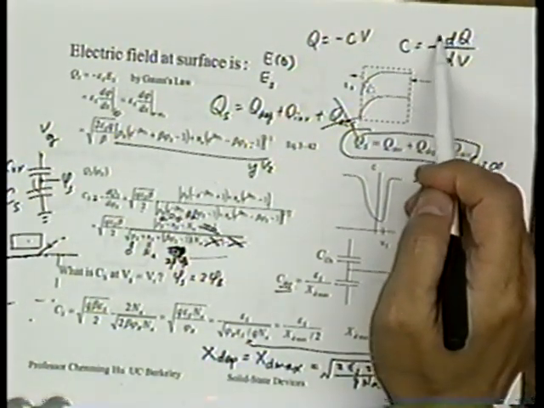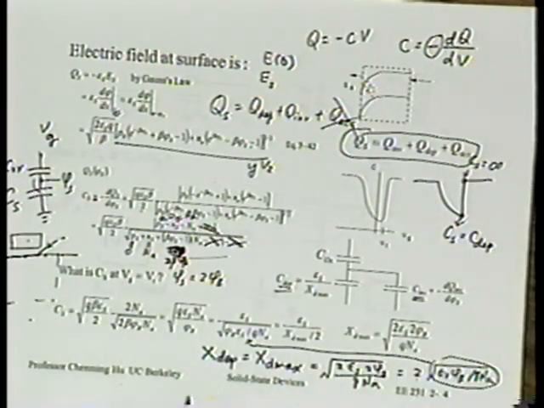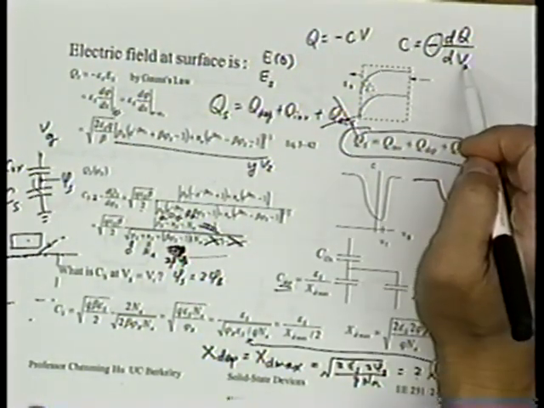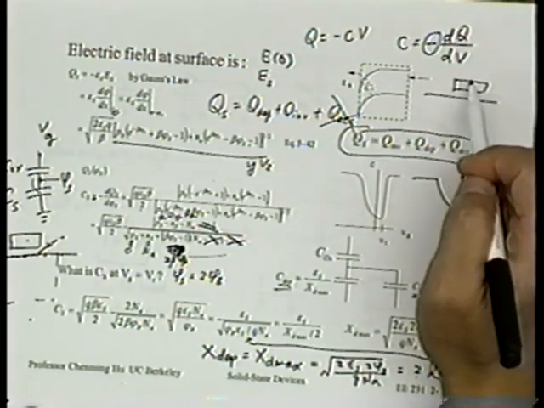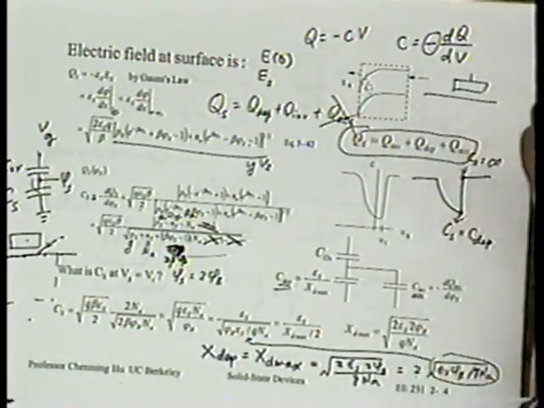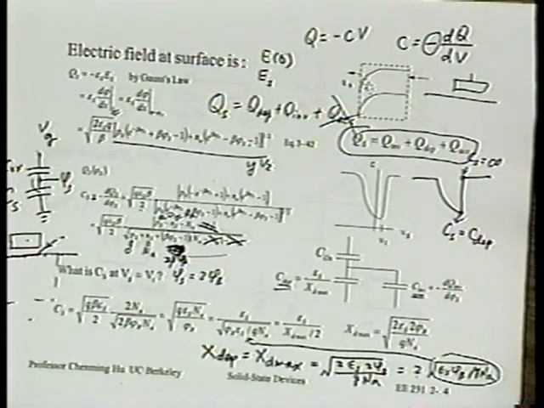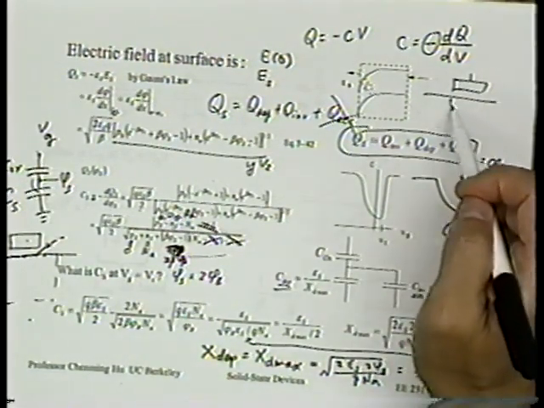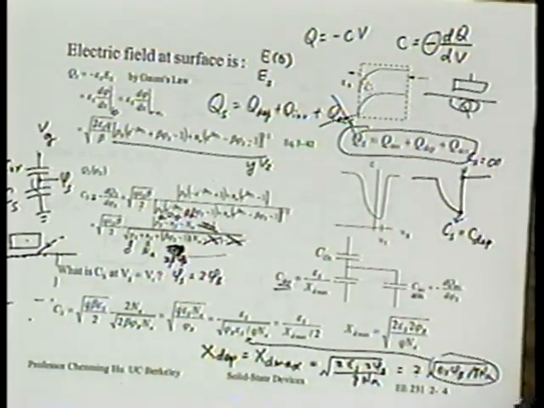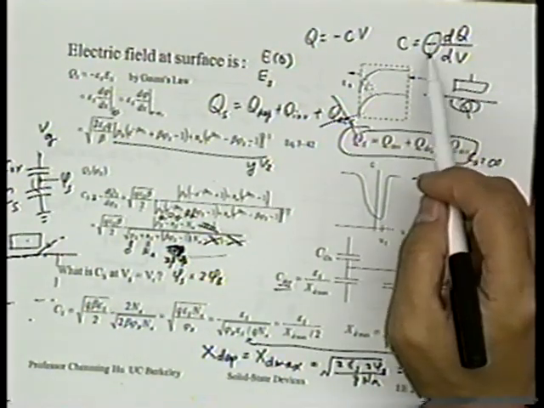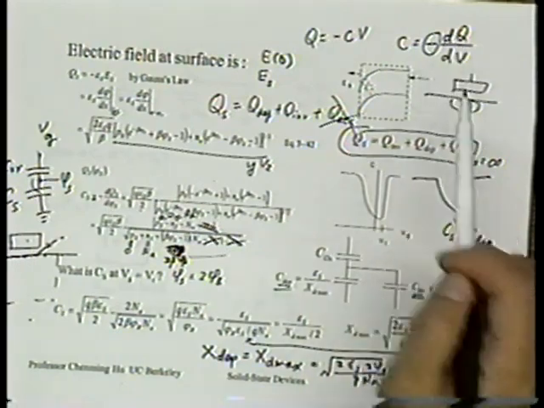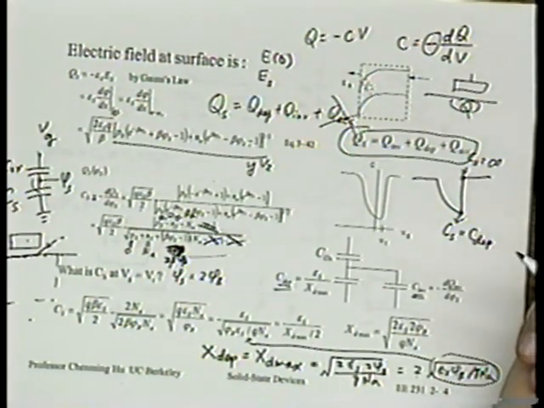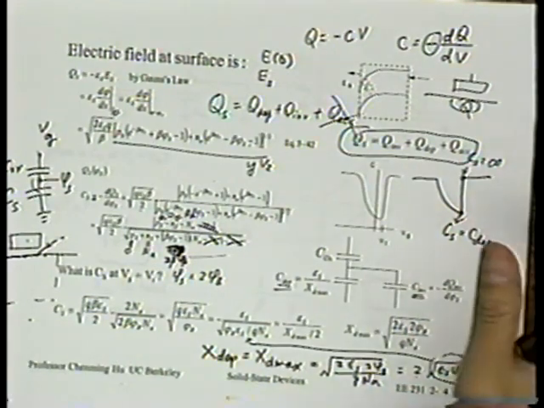The minus sign comes from the fact that we're taking the voltage from the top electrode of the capacitor, the gate. We define that as our positive voltage, whereas we take the charge from the substrate. When we do that, we have to introduce a negative sign in this relationship between capacitance, charge, and voltage. That's all.